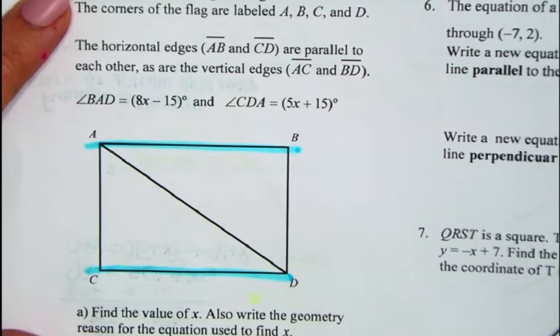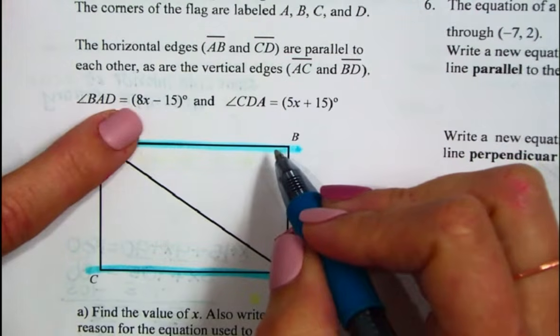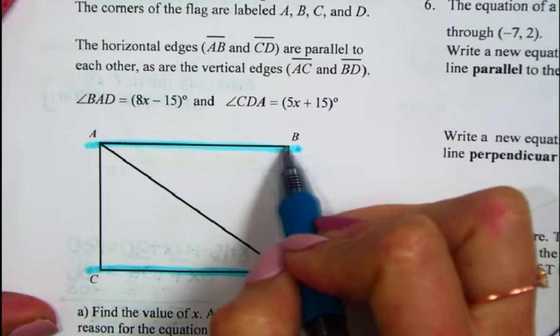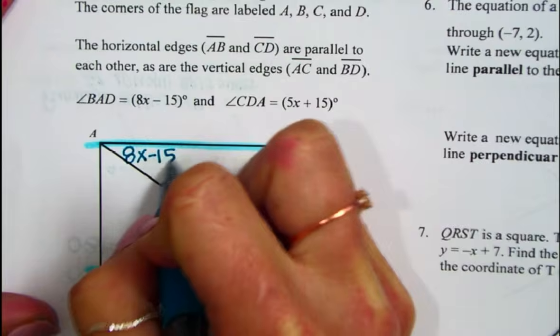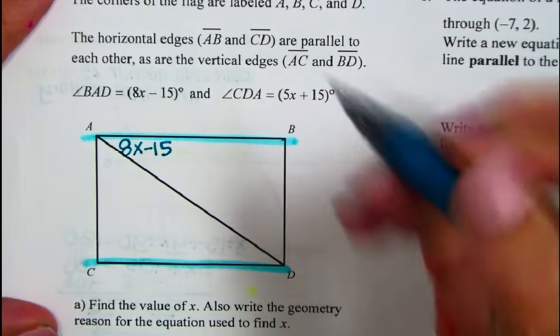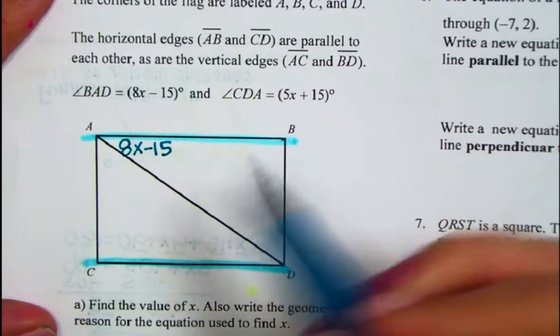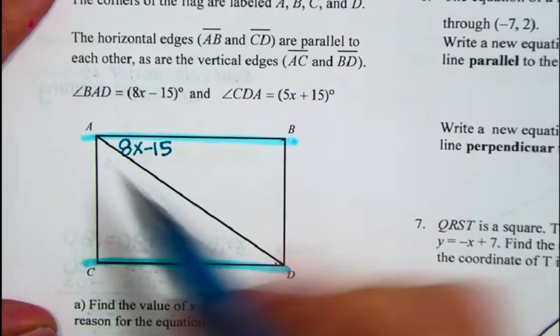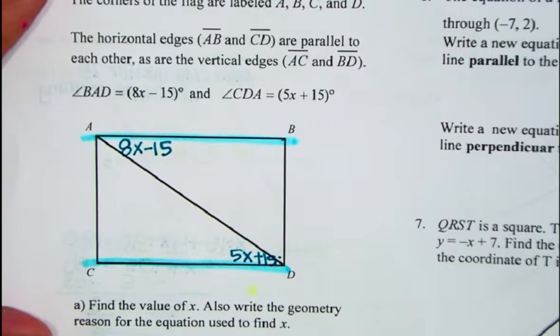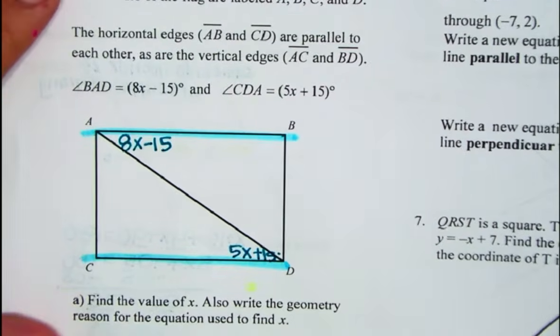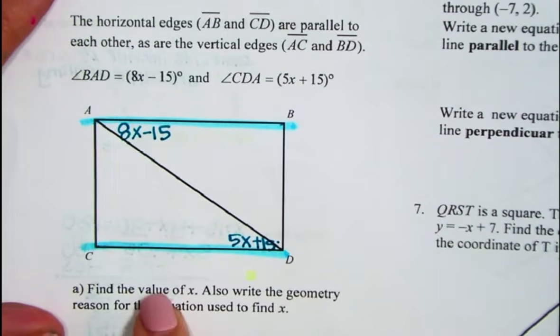They're giving us that angle BAD is 8x minus 15 degrees. So angle BAD, we'll write in 8x minus 15 for that angle. And then angle CDA is 5x plus 15. So that's the information that they're giving us. We're going to find the value of x and write the geometry reason for the equation used to find x.